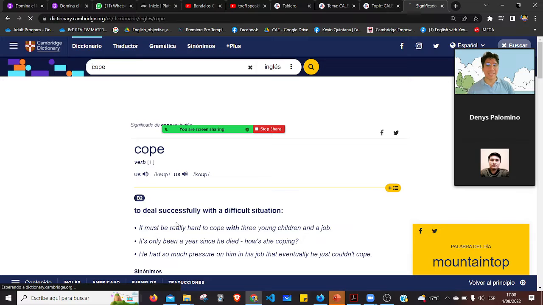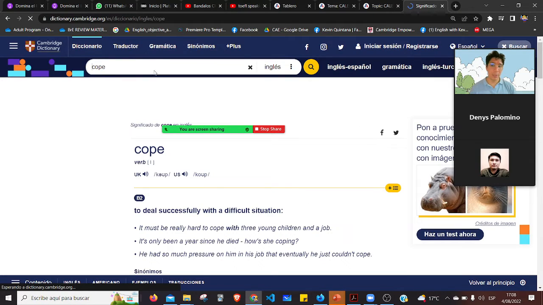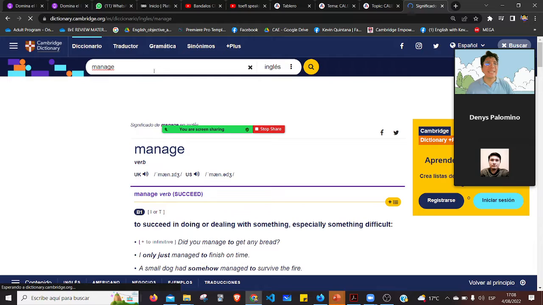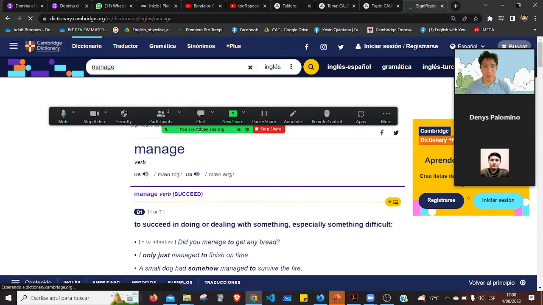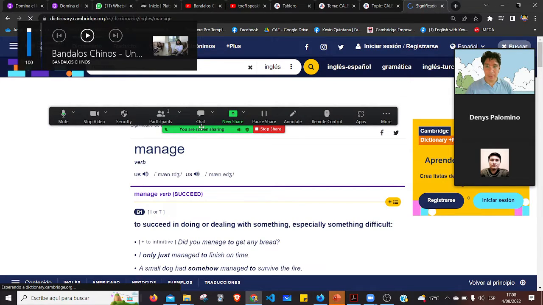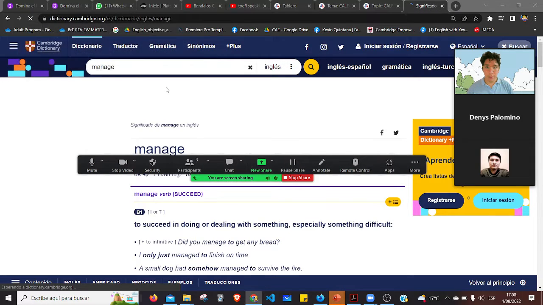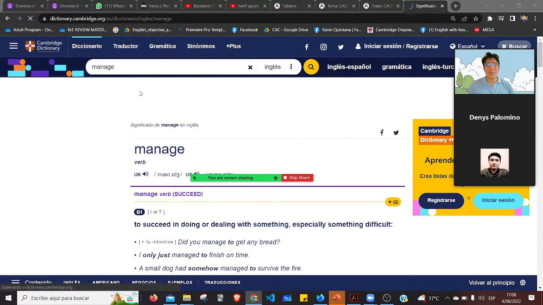Cope: to deal successfully with a difficult situation. Manage: you manage your time, I mean your schedule. You manage the activities you usually do. Did you understand? You got it? Yeah, got it. But you never use the word manage with money.